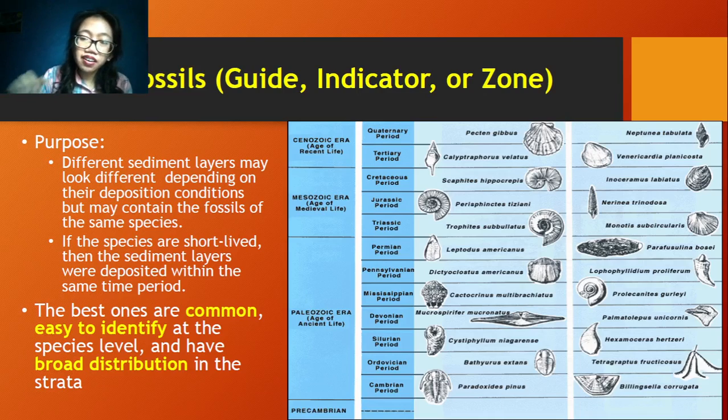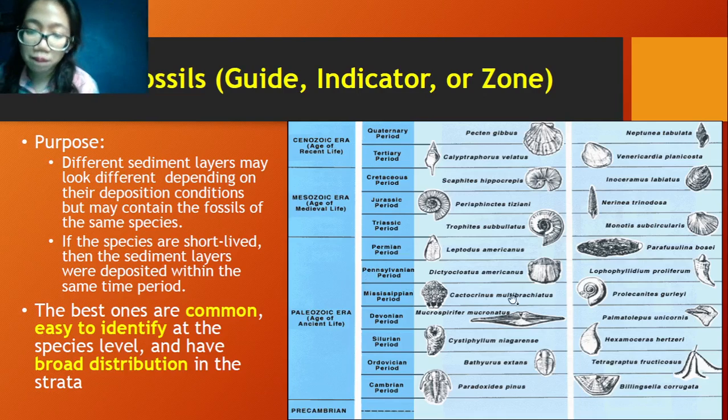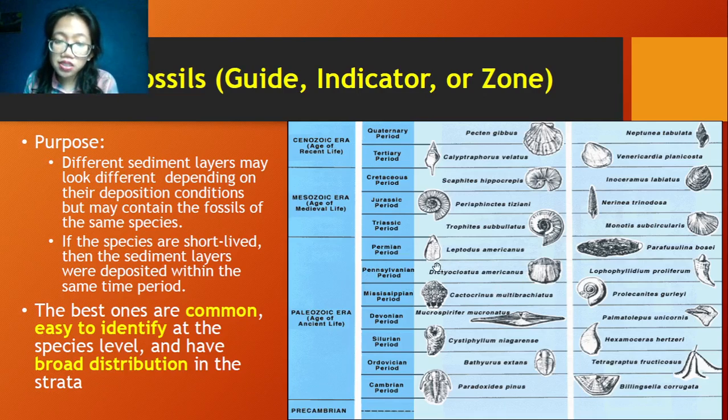That means that particular rock layer is from the Pennsylvanian period during the Paleozoic era, because this species was only present during that time. Because we already know so much about the history of our planet, we can create this cheat sheet, so to speak, which can give you an indication of the age of rock layers.